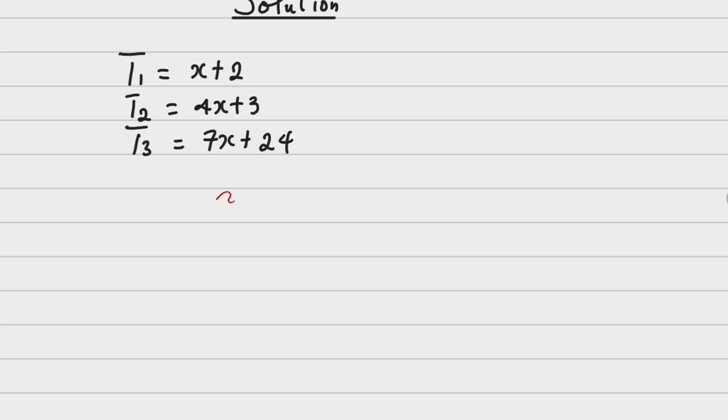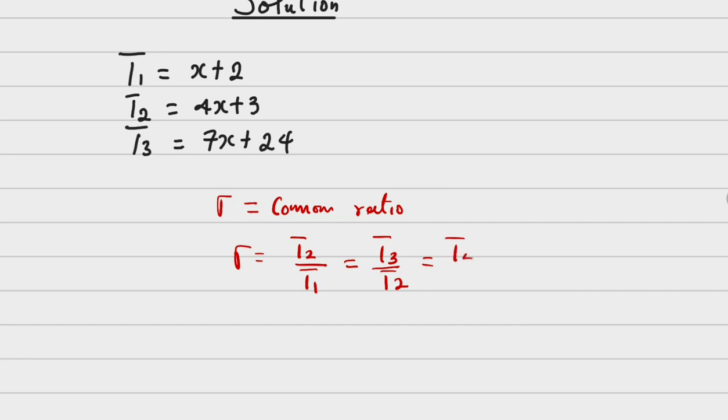Now, there is this notation that you see, R, which is the common ratio. How do we get the common ratio? R is equal to T2 over T1, that is the ratio of consecutive terms, then T3 over T2, and it's the same thing as T4 over T3, and it goes on.